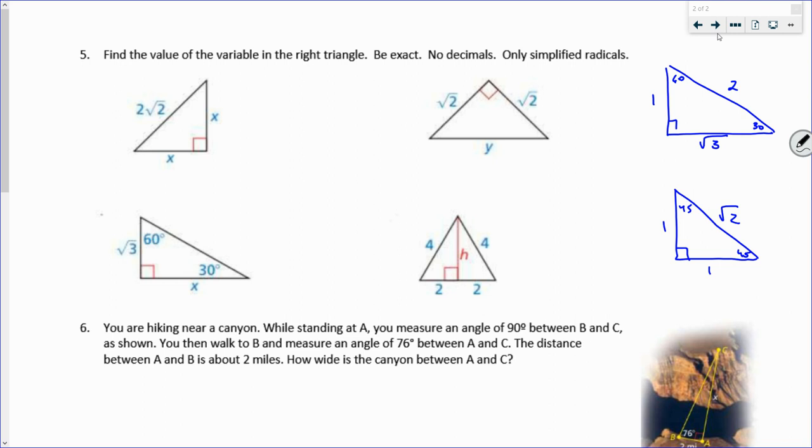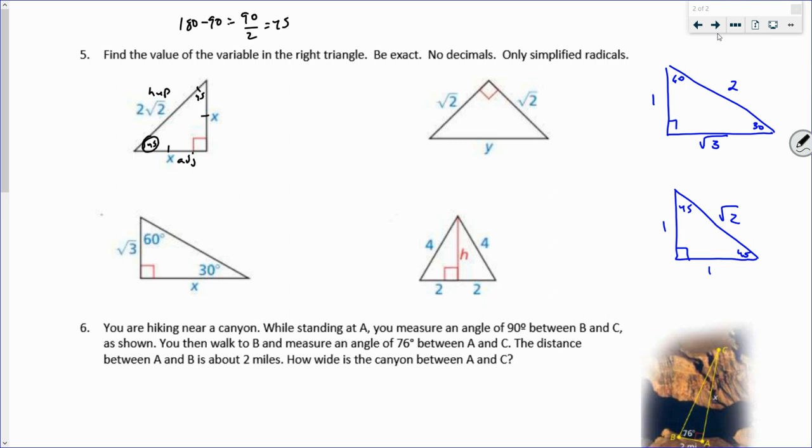So it would appear to me that this is going to be a 45, 45, 90. The reason I know is if this side and this side are equal, making it isosceles, then this angle and this angle have to be the same. So if we do 180 minus the 90-degree angle, we're left with 90, and we divide by 2, it's 45. So say we want to use this reference angle as adjacent to the hypotenuse.